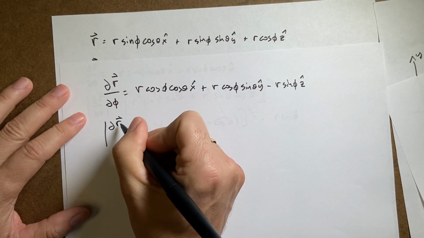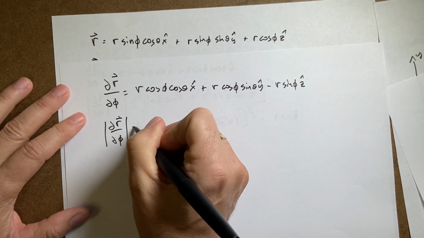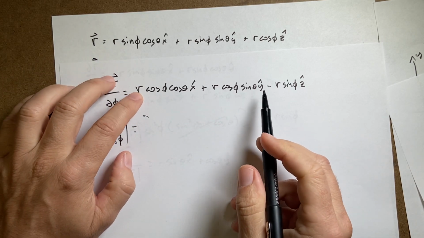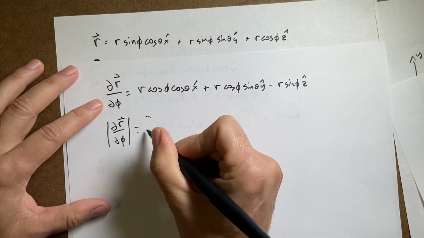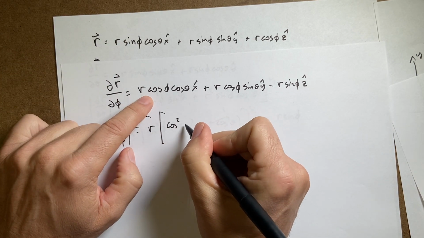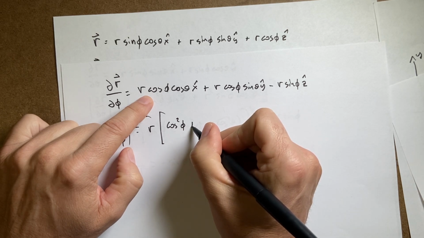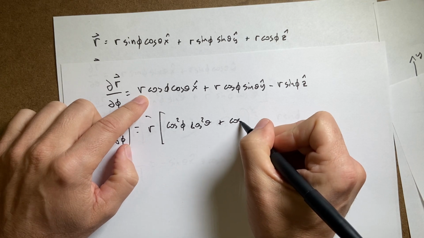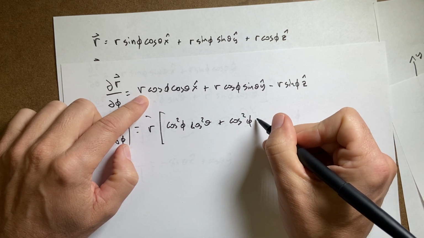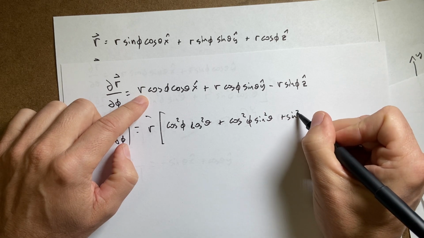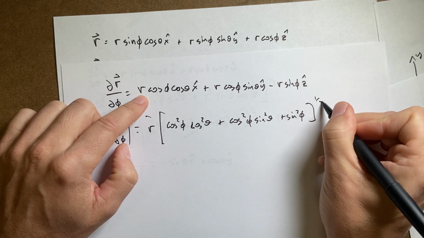The partial of r with respect to phi magnitude is going to be equal to, can we agree that the r's are going to be in there? Yes, we can. So I'm just going to have r times cosine squared phi cosine squared theta plus cosine squared phi sine squared theta plus sine squared phi, to the 1/2.